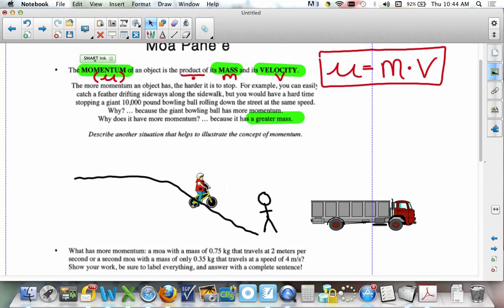But if I threw a marshmallow at you, could you stop it? Yeah, you could, because it doesn't have a lot of mass, and it's probably not flying very fast, so you could. So that's what momentum is. It's mass times velocity.